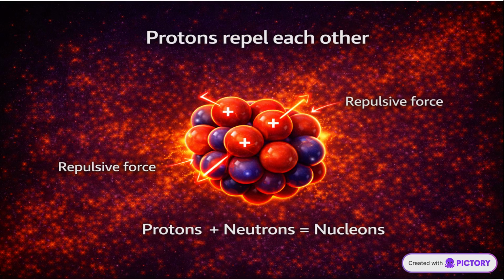Each proton carries a positive charge, and like charges repel each other due to electrostatic force. So inside the nucleus, every proton is pushing every other proton away. This creates a major problem. Why doesn't the nucleus break apart instantly? This repulsive force is always trying to destabilize the nucleus, so something must counteract it.